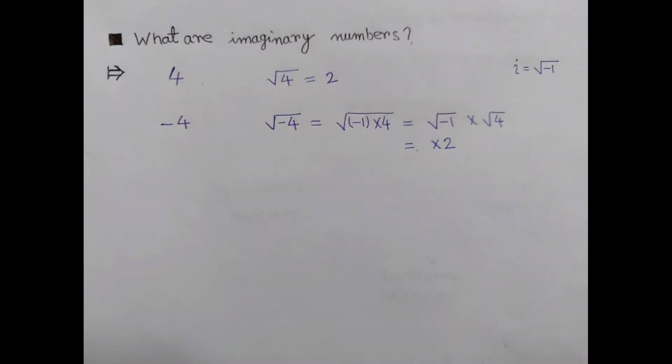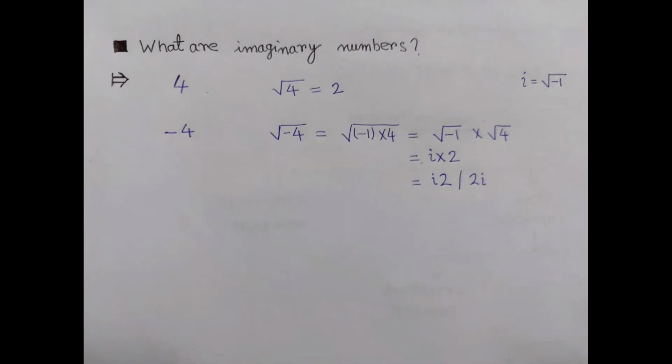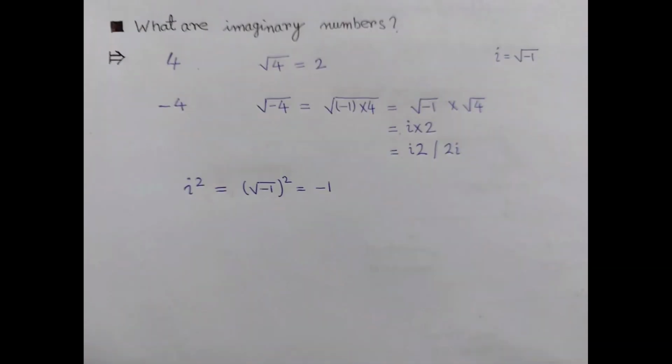We use a new symbol i. i stands for iota. i is the imaginary number. The value of i is root over minus 1. So in our problem, we replace root over minus 1 with i. So we get our answer, that is 2i, or you can write it as i2. Both are the same. Now if we take the square of i, we get minus 1.